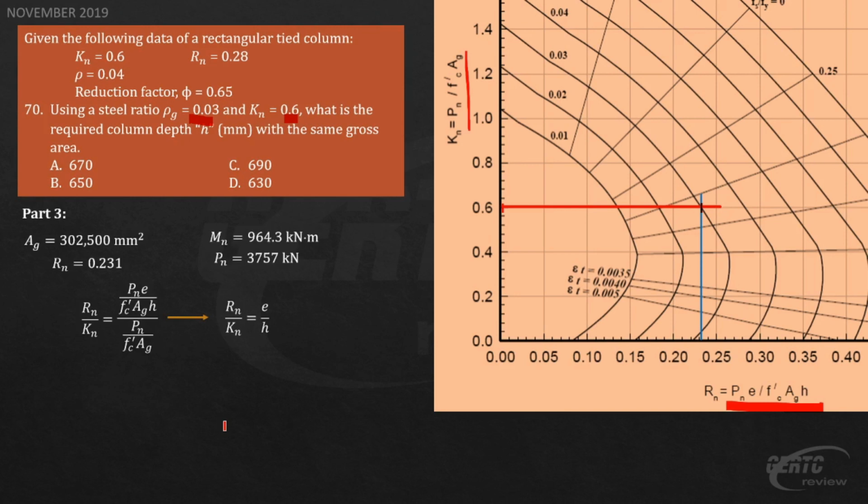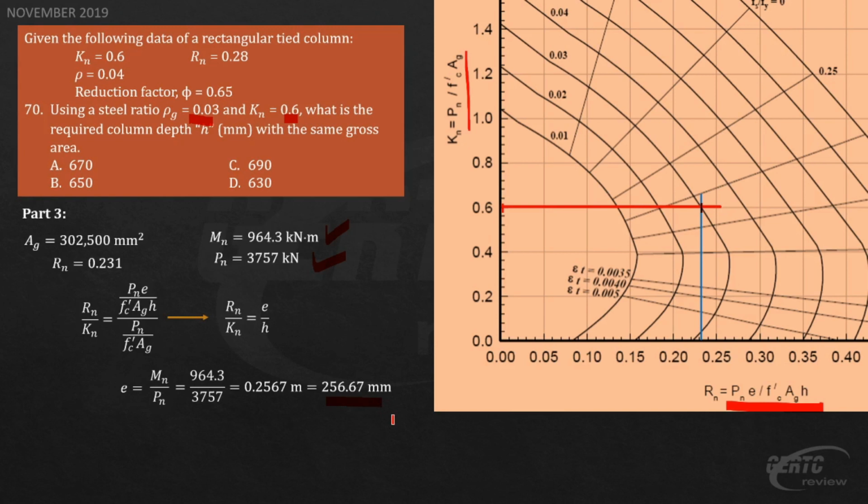So, makukuha na natin ngayon yung ating eccentricity value niya. That is Mn over Pn. Kasi the same Mn and Pn din naman. So, Mn over Pn, and that is equal to 964.3 divided by 3757. So, the eccentricity required for this column is 256.67 mm.